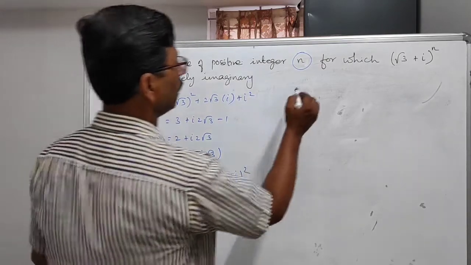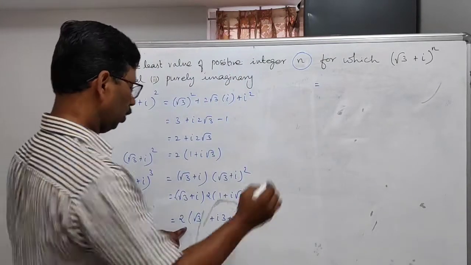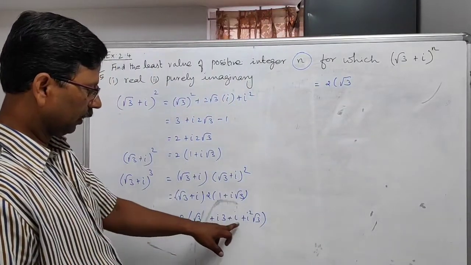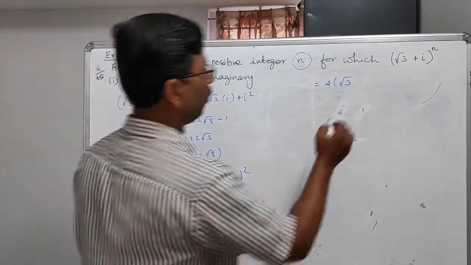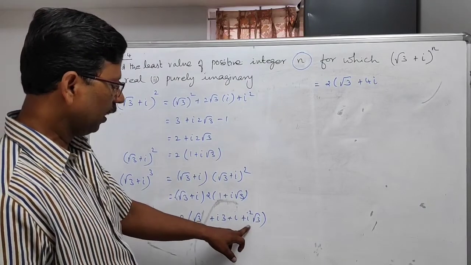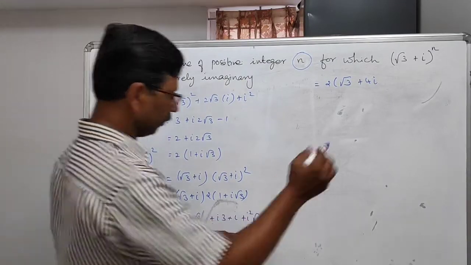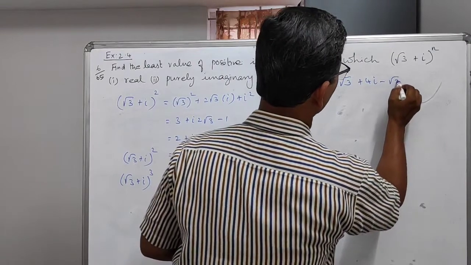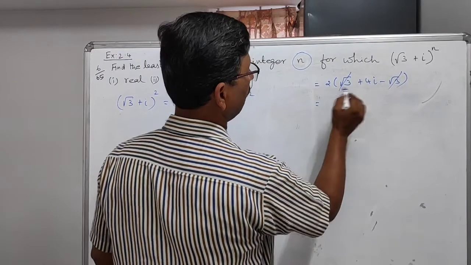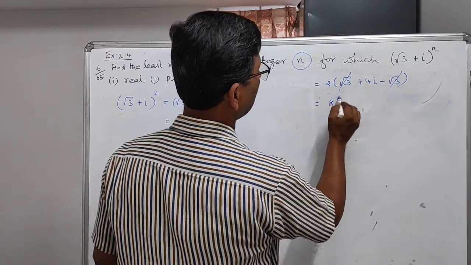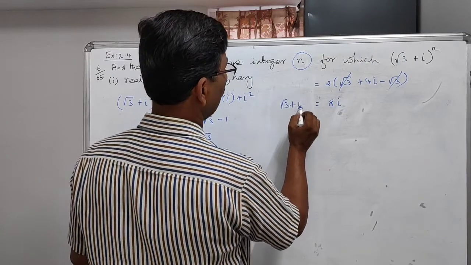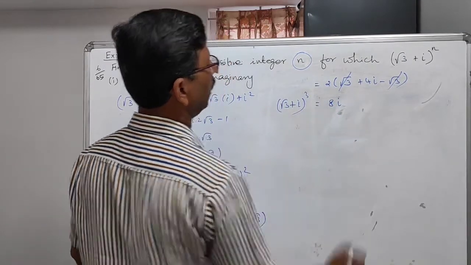Now we can write this as 2 into (root 3 plus 4i), plus 4i you can say. Then here i square is minus 1, so minus 1 into root 3 gives minus root 3. Now these two get cancelled. Then we will get 2 into 4i, that is 8i. That is, (root 3 plus i) the whole cube is equal to 8i.